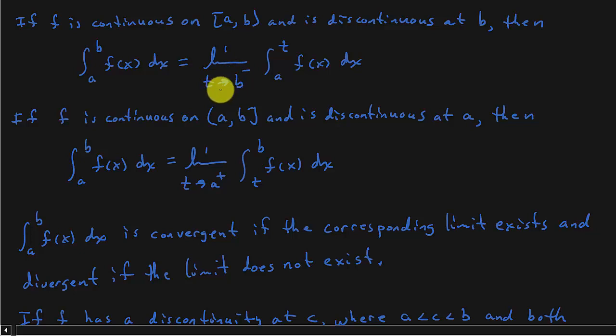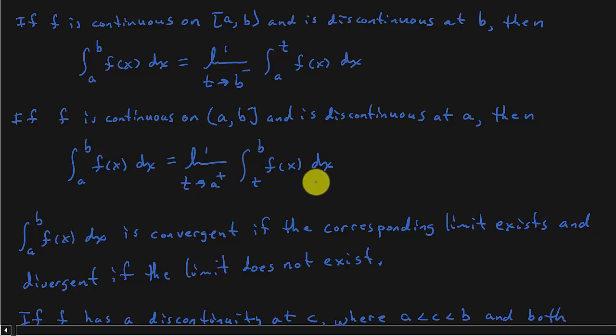Okay, so t is approaching b from the left, the integral a to t f of x dx. And if f is continuous on (a, b], notice the a is not included but the b is, and is discontinuous at a, then the integral a to b f of x dx is the limit as t approaches a from the right of the integral t to b f of x dx.